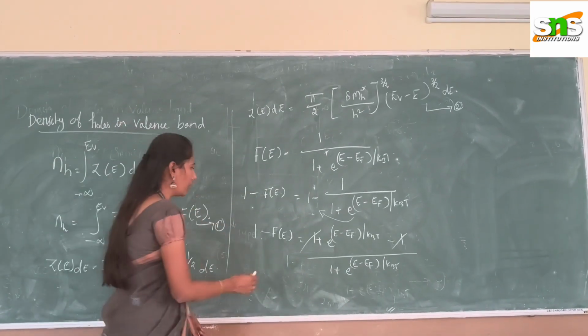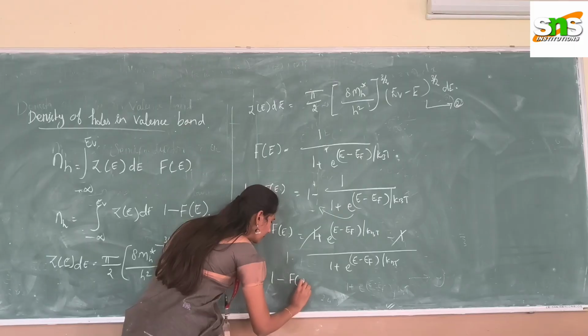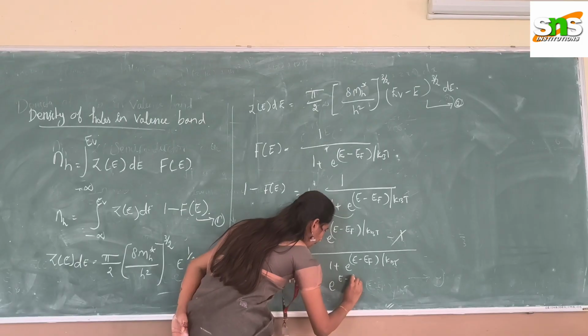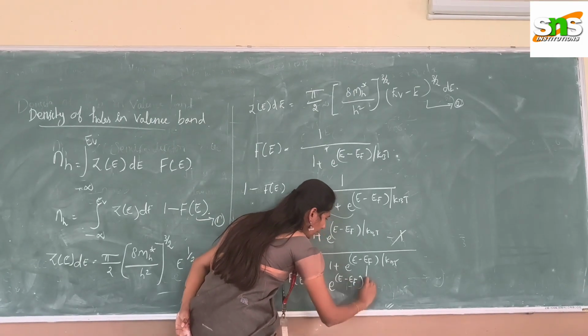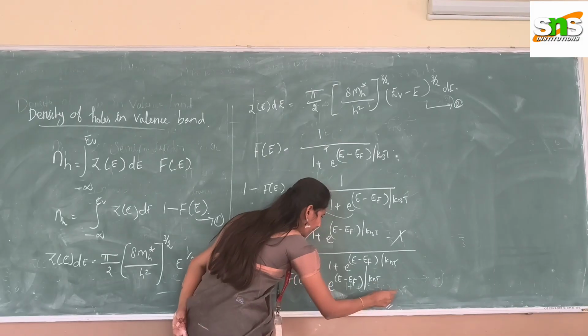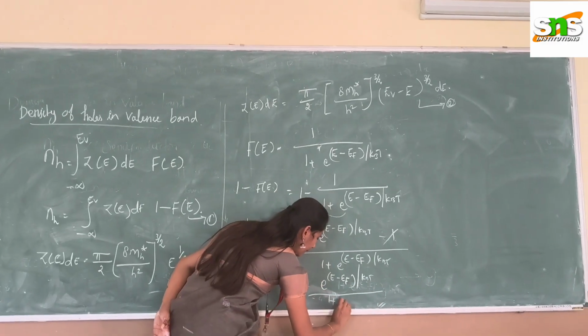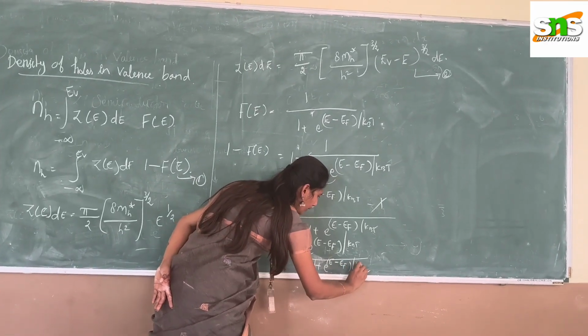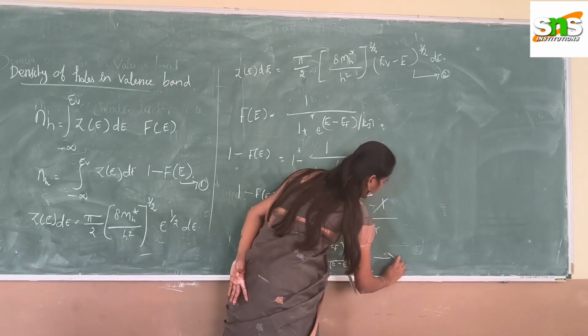What is the remaining term? 1 minus f(E) is equal to e^((E minus E_F)/kT) the whole divided by 1 plus e^((E minus E_F)/kT). This is equation number 3.